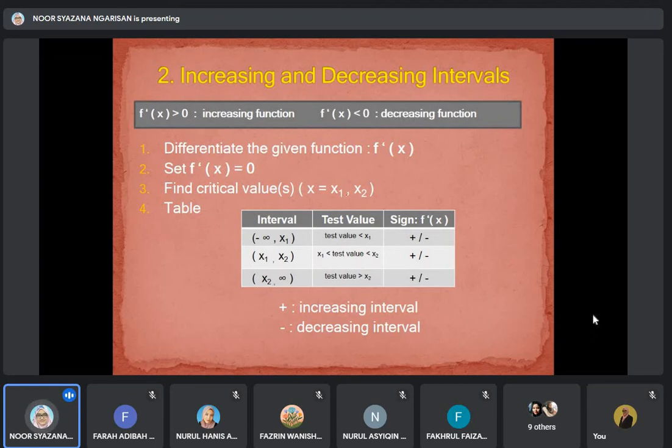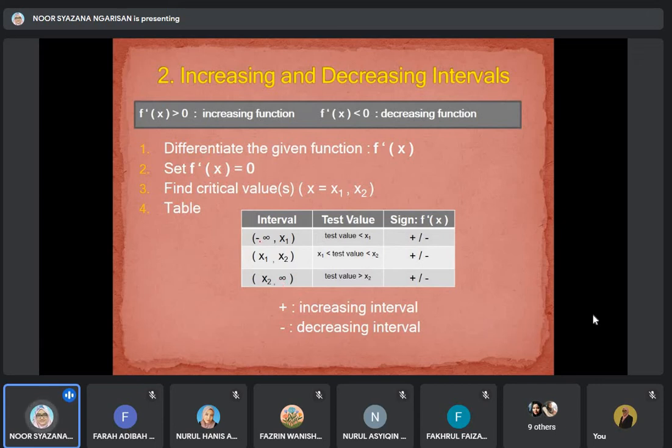Okay, let's say we have two critical values, x1 and x2. The first column for the table is interval. Second column for the table is test value. And third column is the sign when we substitute test value inside f1x. So, interval always starts from negative infinity and ends with positive infinity.